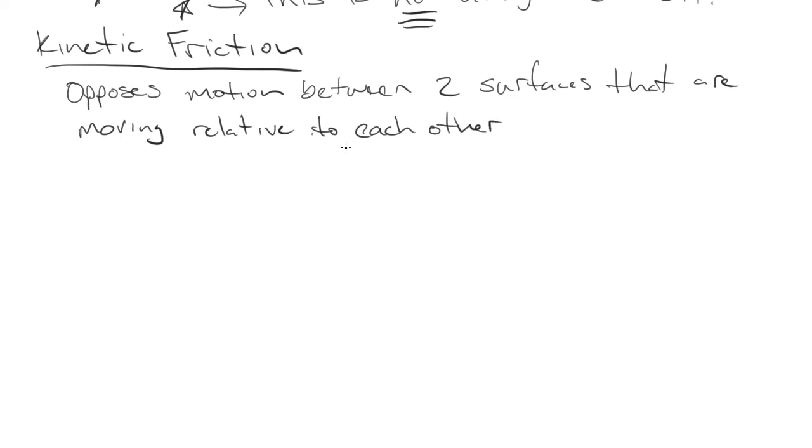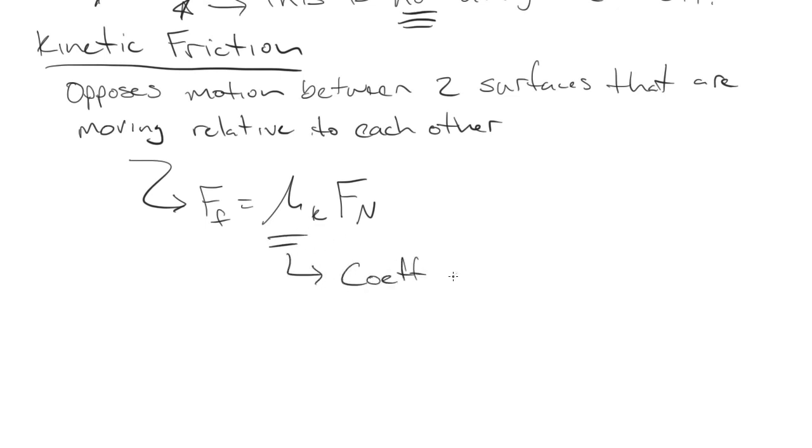Okay? We have a very similar formula for the force due to kinetic friction. It's equal to mu sub k times the normal force. Looks almost identical, except this time we have this mu sub k, which is the coefficient of kinetic friction. All right? So same sort of equation, different coefficient.